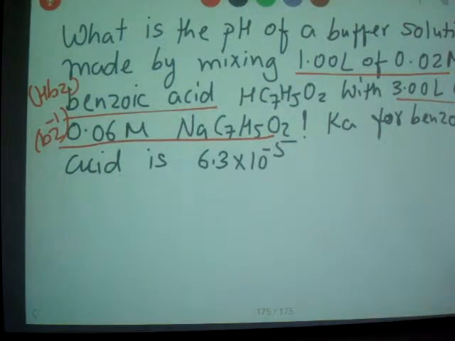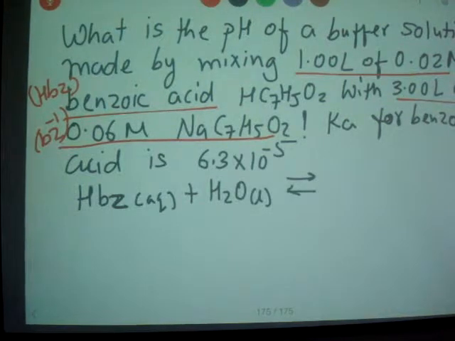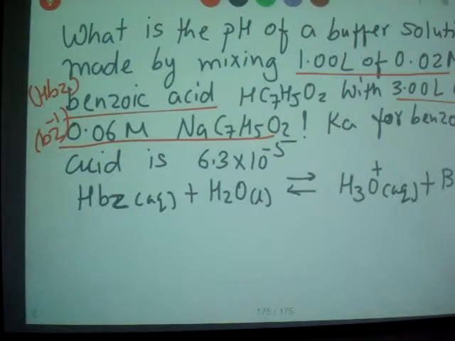And when we write the equation, we can say benzoic acid HBz, which is aqueous, and H2O liquid, and when they are in equilibrium, H3O plus aqueous and benzoate ion aqueous. So that's the equation we write first.